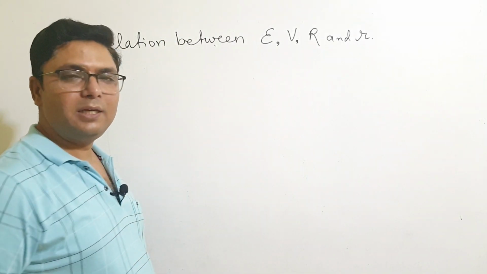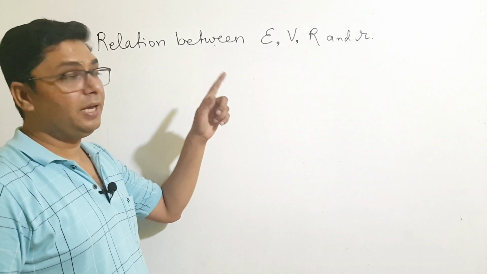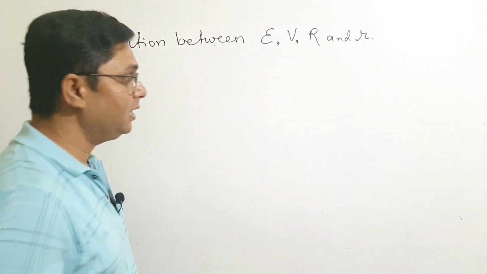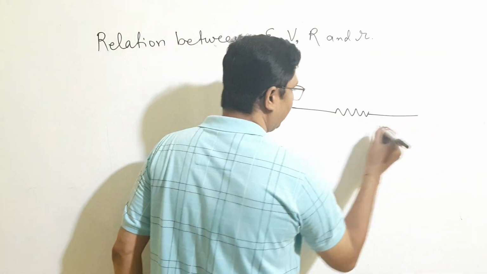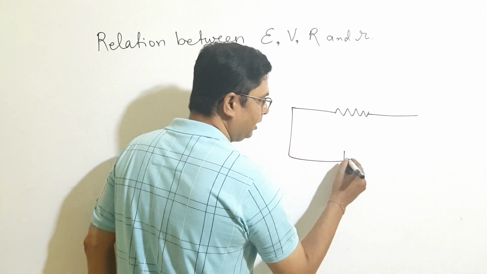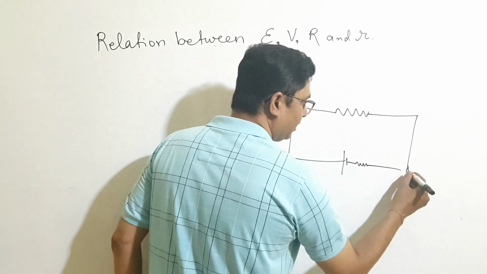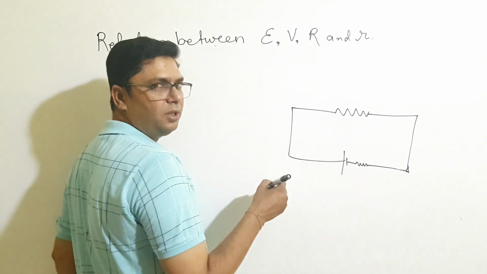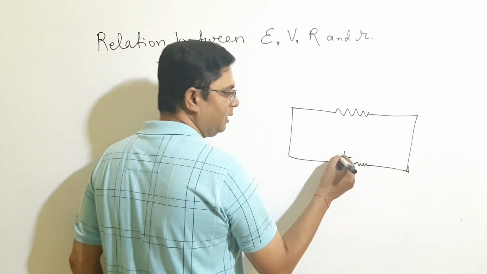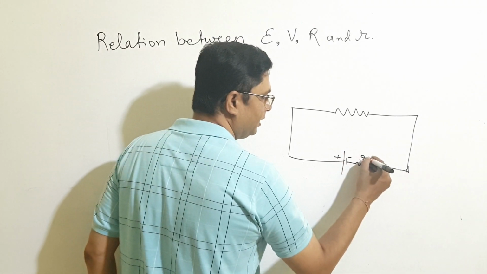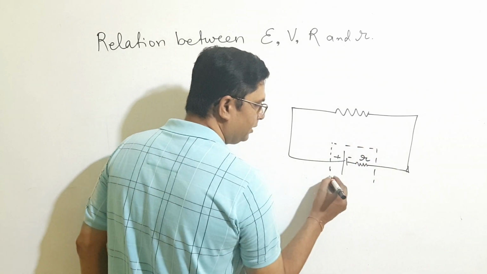To understand this relation, let us take an external resistance across a cell having internal resistance, as shown in this figure. This is the positive terminal, this is the negative terminal, this is the internal resistance, give a dotted line, this is said to be the cell.